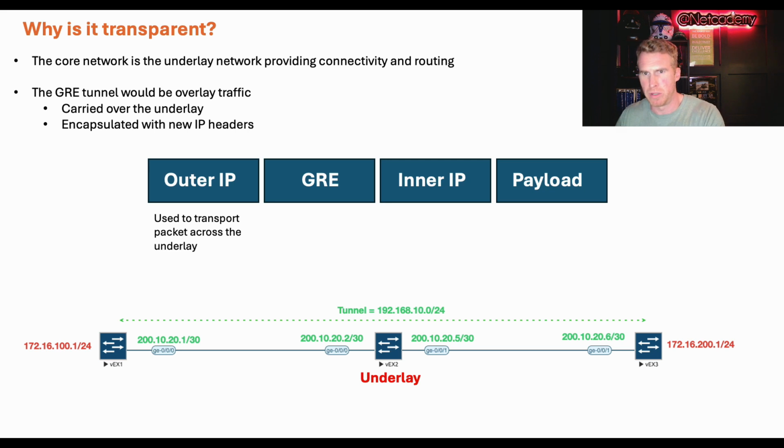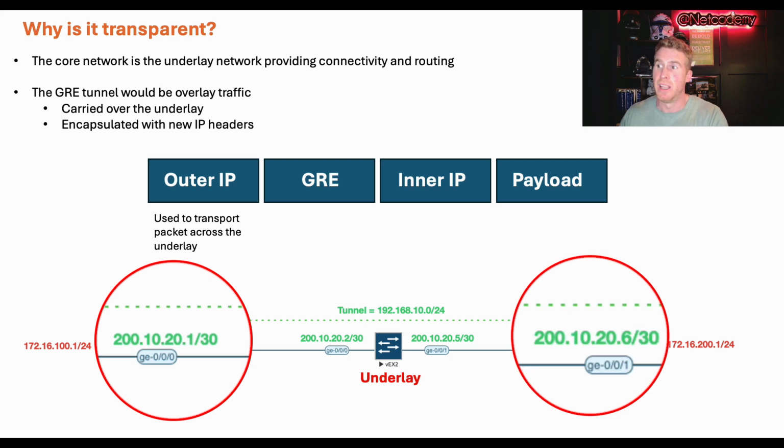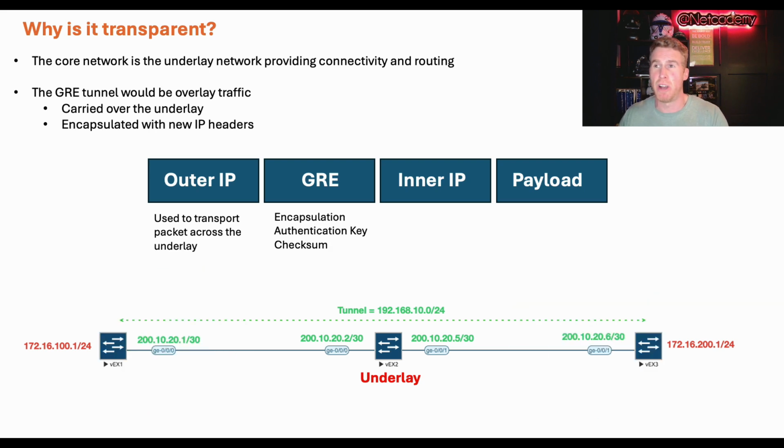So if we look at it from VX1 and we want to send a packet from VX1 to VX3, the outer IP source would be 200.10.20.1 and the outer IP destination would be 200.10.20.6.